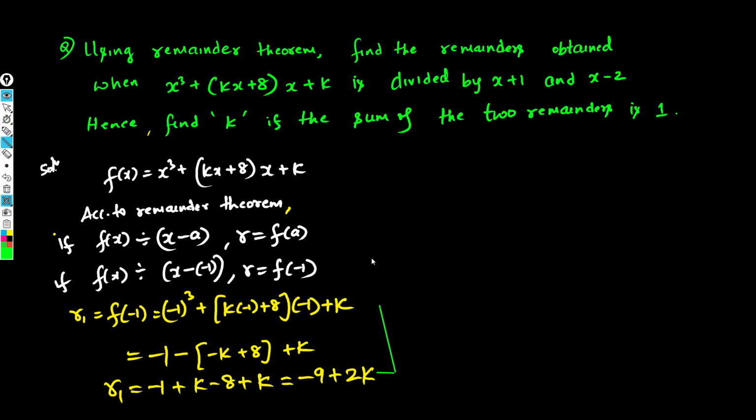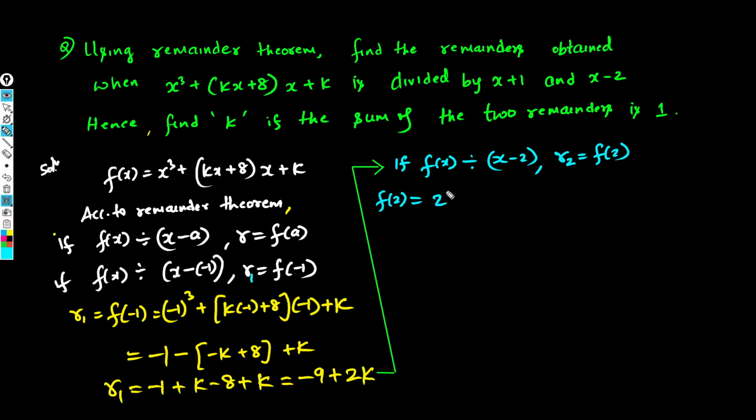Let's take the second one. Now I'll do exactly the same. When f of x is divided by x minus 2, then my remainder r2 here, I have taken this as r1, my remainder r2 here would be f of 2. Therefore, what would be f of 2? F of 2 would be 2 cube plus k into 2 plus 8 into x.